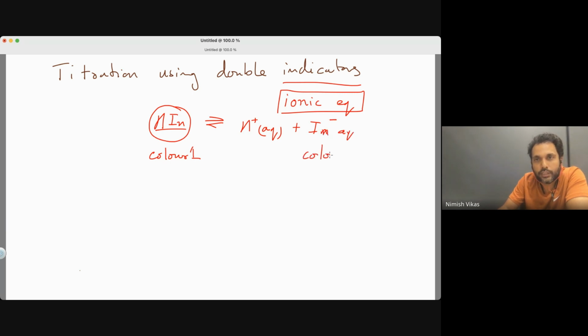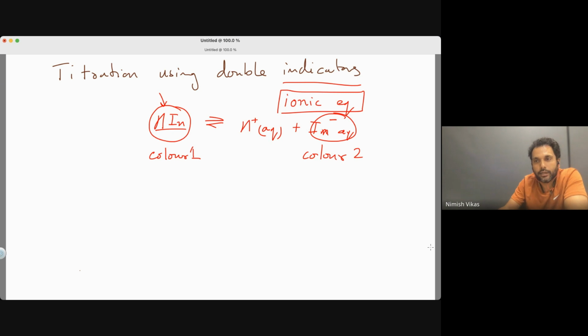So whichever weak acids exhibit two different colors, one as a whole molecule and one as just the anion, those can serve as indicators. Is that clear?